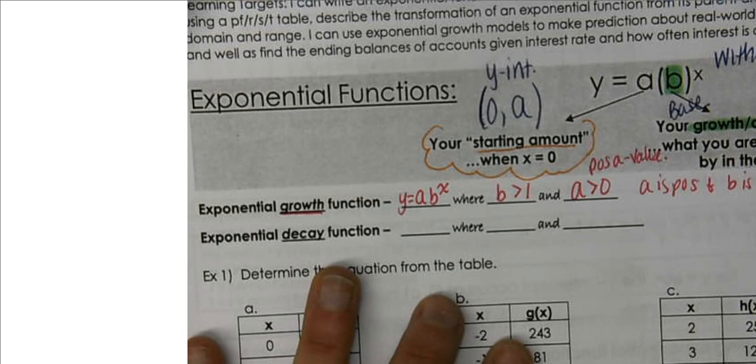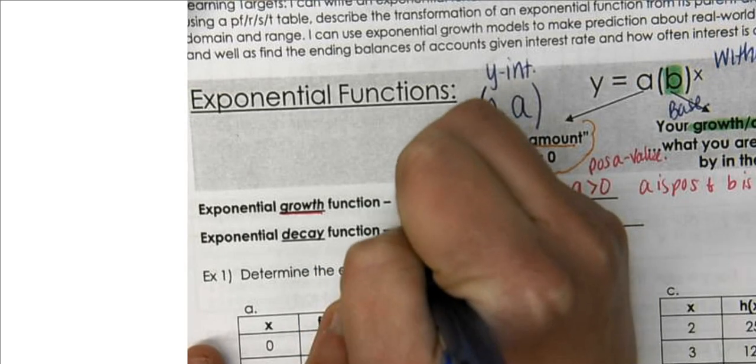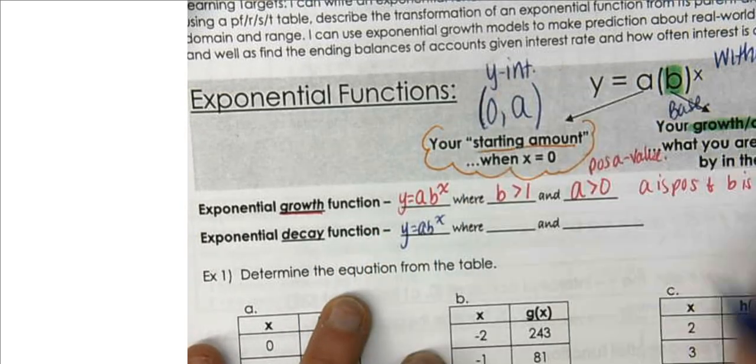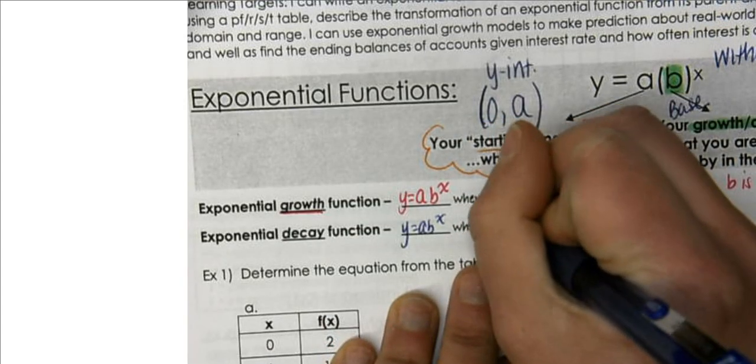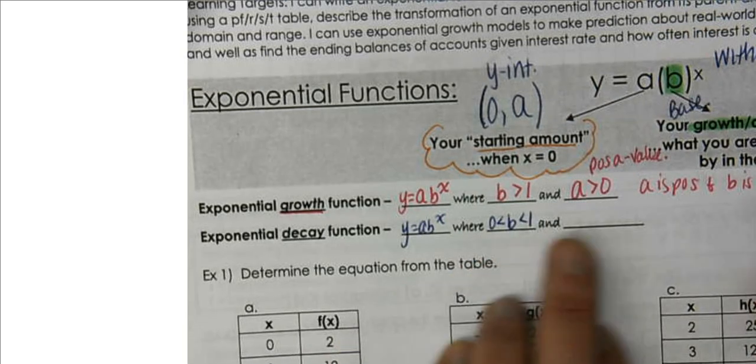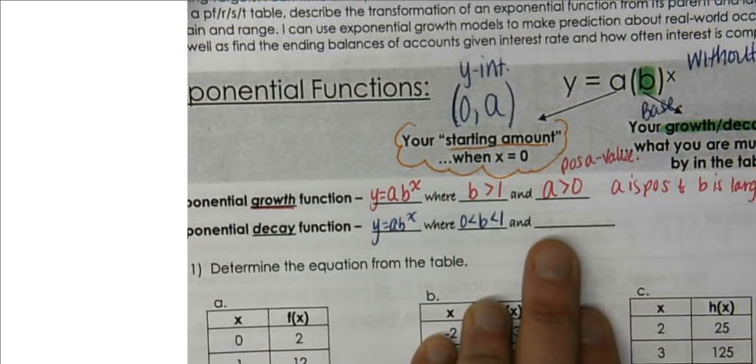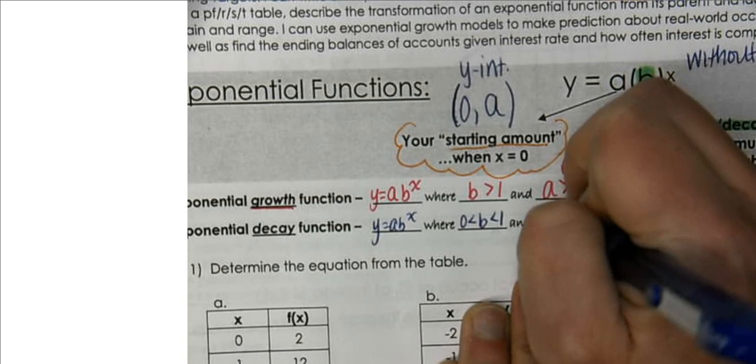Exponential decay, what that looks like is y is equal to A times B to the x, still the same exact format, but this time our B value is in between 0 and 1. So it's going to be some kind of fraction, some type of smaller number, and our A value once again is going to be greater than 0.